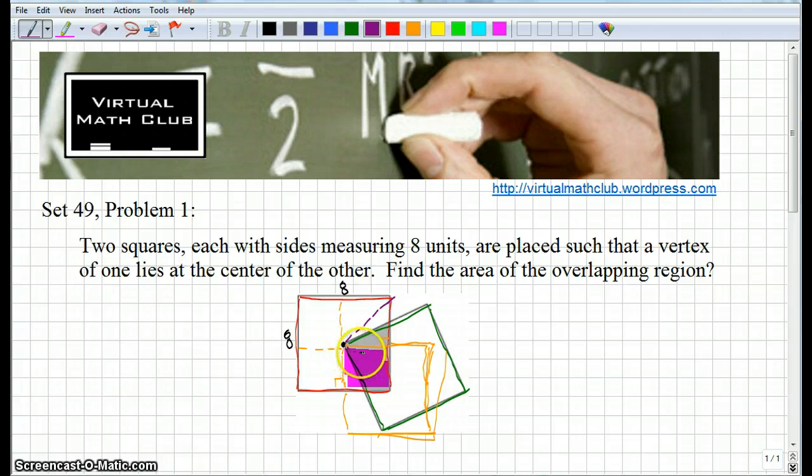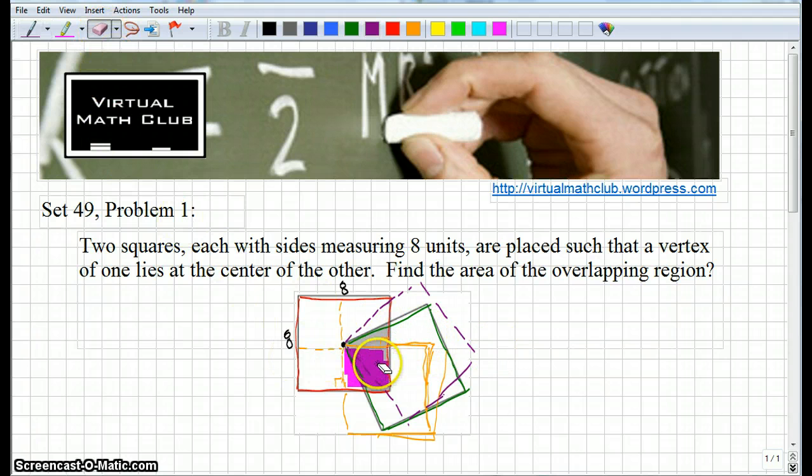If that is a 90-degree angle, which we're told is a square, so it has to be a 90-degree angle, then it's also going to intersect the other vertices. So let's draw this out. I guess it's not a rectangle, it's a square, right? Let's make it look reasonably square.